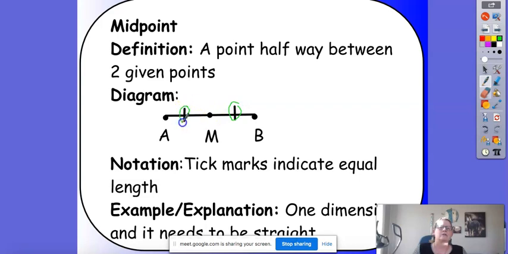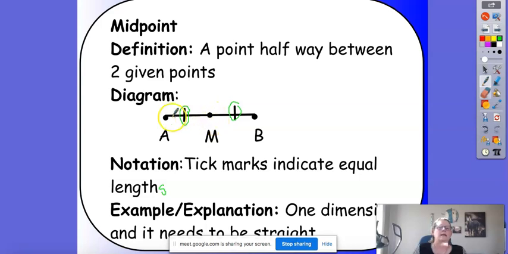That's how I tell you that those two line segments are congruent. They have to be exactly the same. AM has to be the same as MB. Tick marks indicate equal lengths.